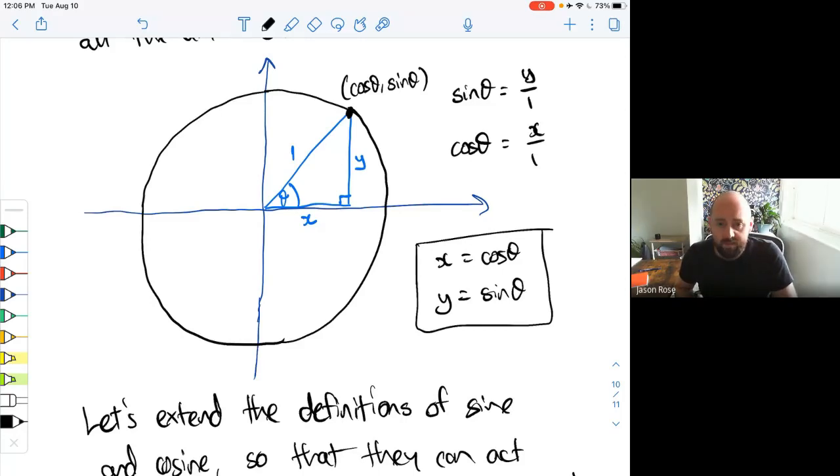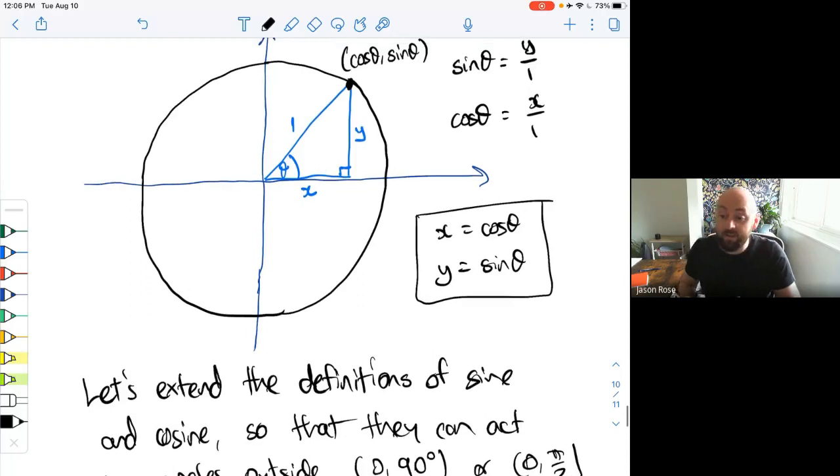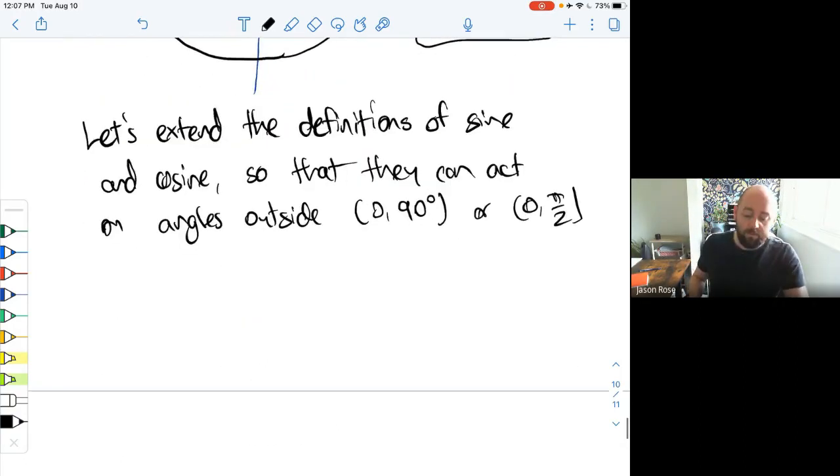What we're going to say is that for angles bigger than 90 degrees, we can also just let x be cosine theta and y be sine theta and define them that way. This new definition is still consistent with what we built up inside the unit circle, but it now works outside of the first quadrant as well. Okay?